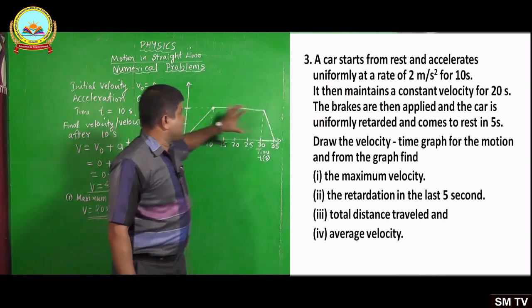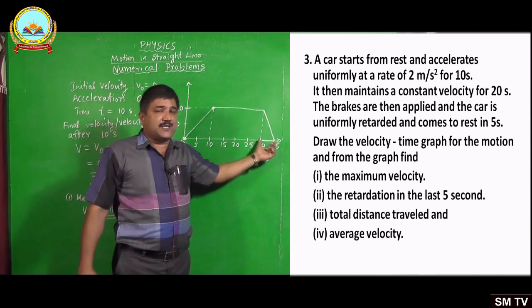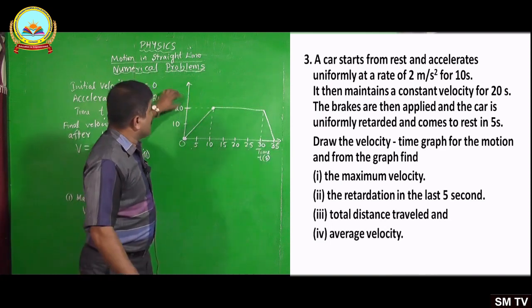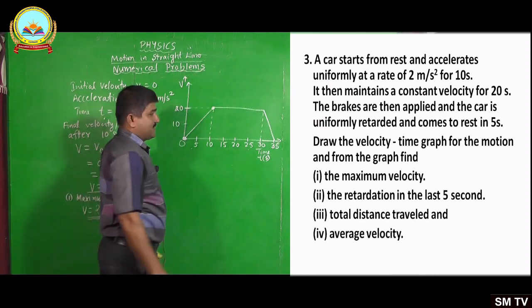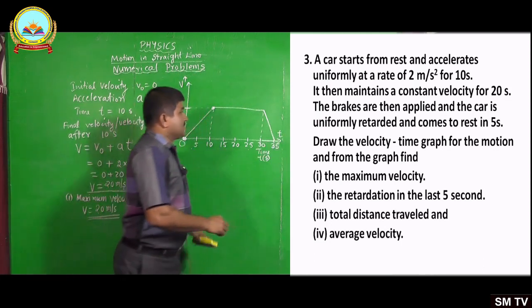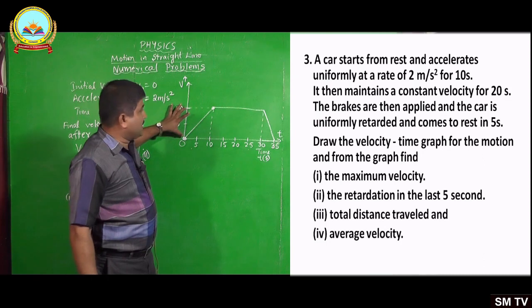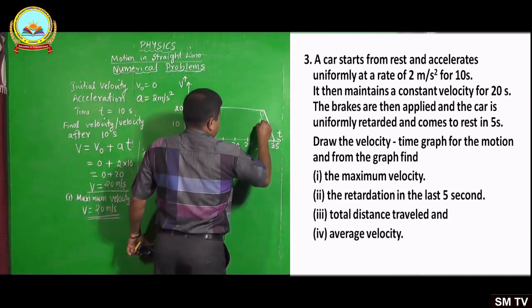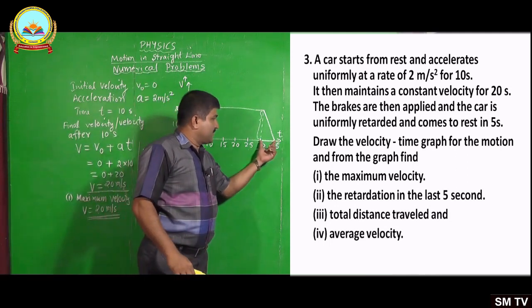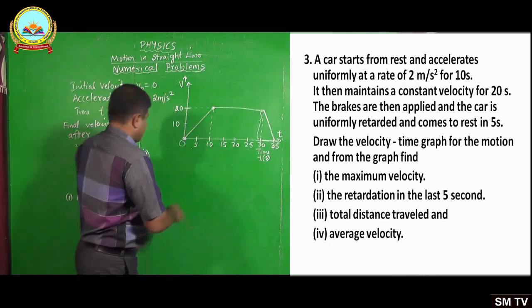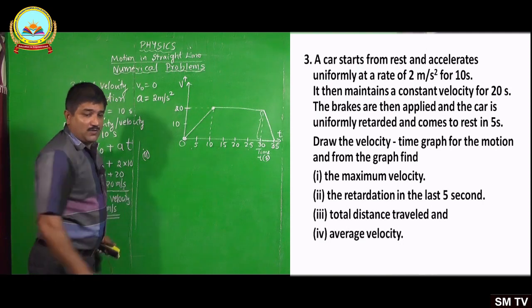Slope means change in y quantity divided by change in x quantity. Here the change in y quantity is velocity, with velocity along y axis and time along x axis. So the change in y quantity is delta v, and the change in time is this 5 seconds. So we can find out now the retardation.